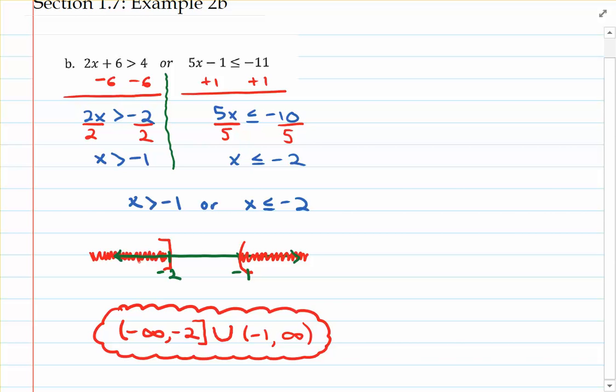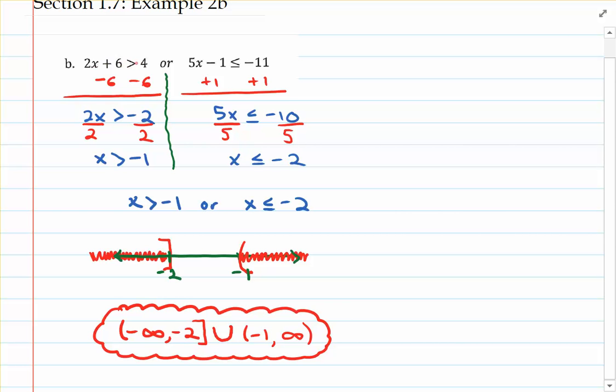As long as it satisfies one of the inequalities, it's a legit answer. So let's think about whether or not -3 solves this compound inequality. Well, of course, if we plug -3 into the first inequality, we would have -6 plus 6, which gives us 0. And 0 is not greater than 4.